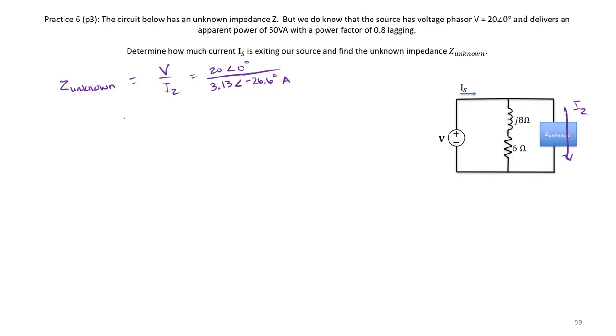We perform that division and we determine that our unknown Z is equal to 6.39 angle 26.6 degrees ohms. So notice that this question had a number of steps, but each step was very doable. It was just important to make sure we understood complex power, Ohm's law, and Kirchhoff's laws.